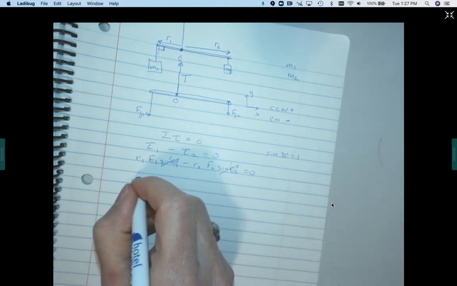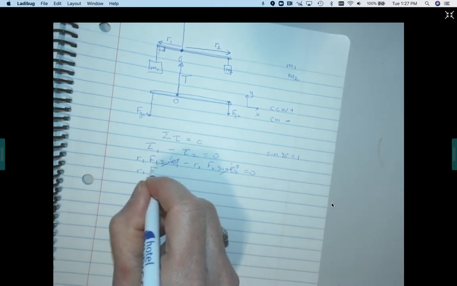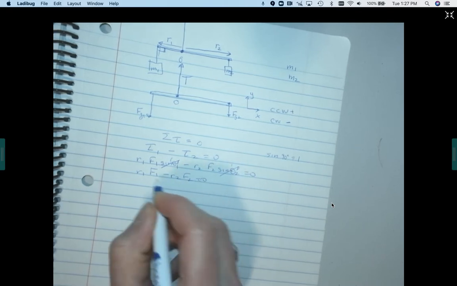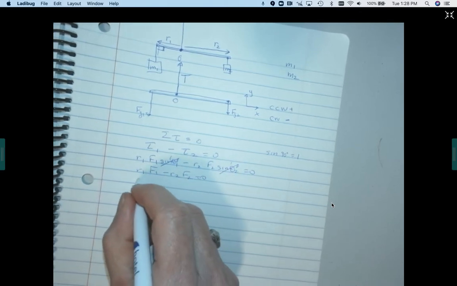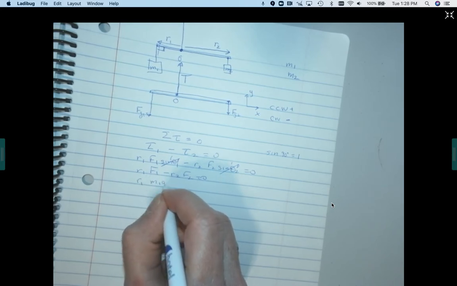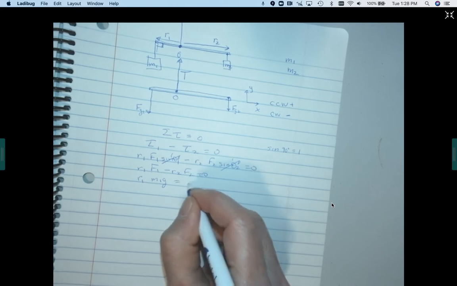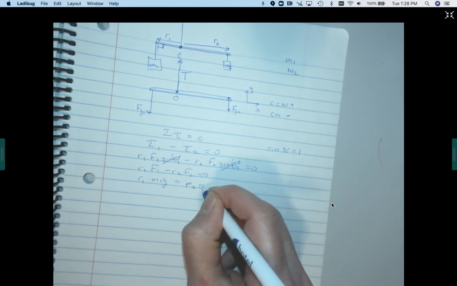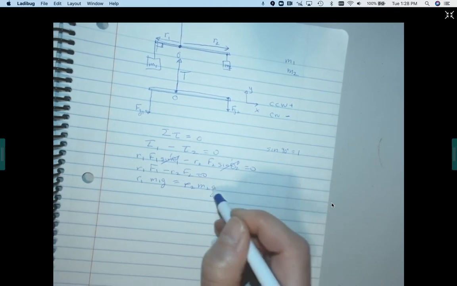Okay, and then I have R1 F1 minus R2 F2 equals 0. And now for the forces, I can put in mg, right? So force 1 is m1g, and that's on the other side. I bring this over to the other side, add it to both sides, and I get R2 m2g. So I have a g on each side.